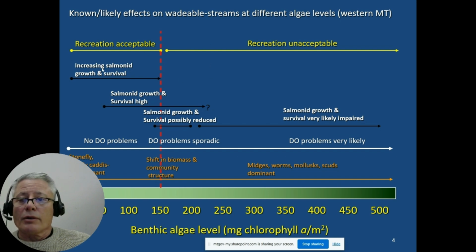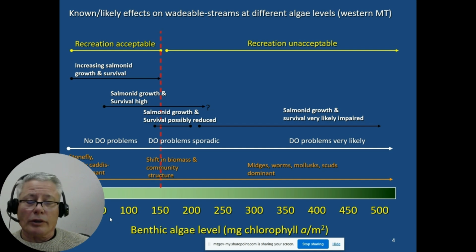Regarding salmonids, what we see is increasing growth and survival of salmonids as algae levels increase from zero due to further availability of food. As we get into the 150 or so milligram per square meter range, depending on the literature you read, salmonid growth and survival is high or possibly beginning to get reduced. And then as we get out to these high levels, we start to see reduced survival very likely.